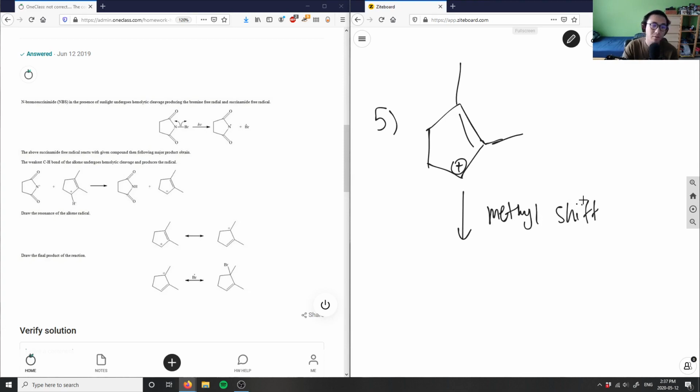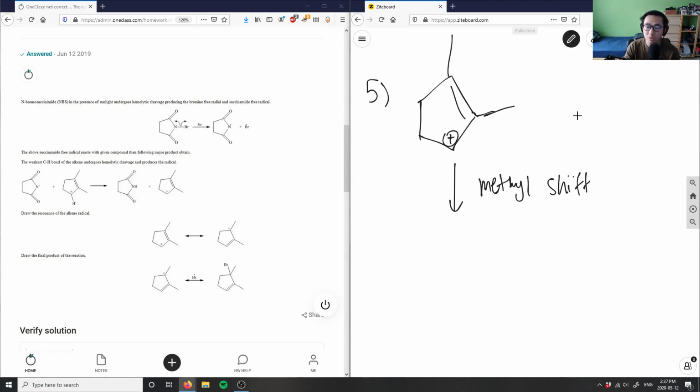And why this is a shift is because this here is a secondary carbocation. What I want to do is make this a tertiary, right? Tertiary is much more stable than my primary here. So I'm going to get a double bond here, and then one here, and then the positive charge is going to land here.